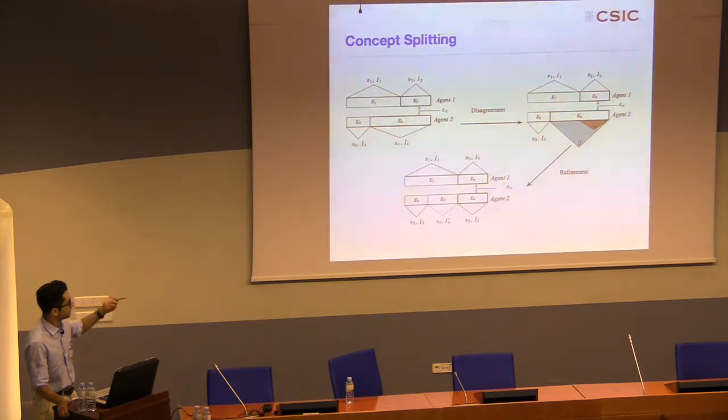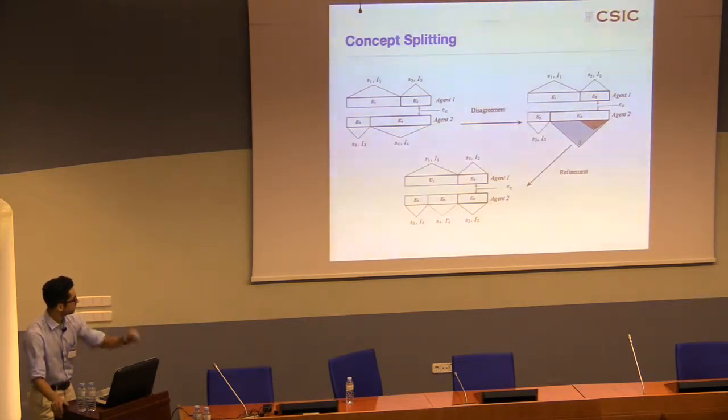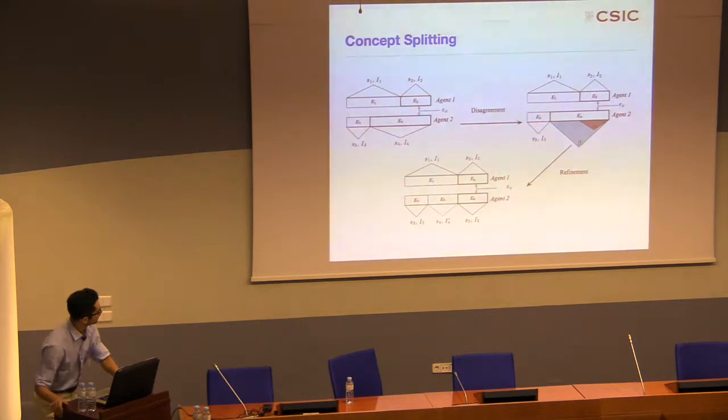So he will take this intentional definition and this new sign, create a new concept E5 associated to the sign E4 that he had, and that does not subsume the concept E6 anymore.